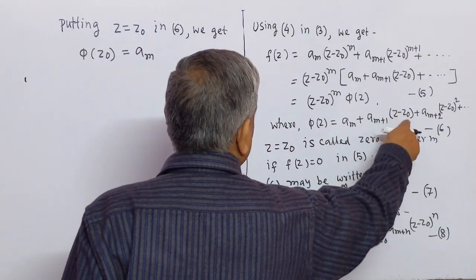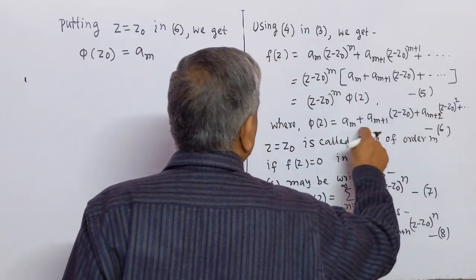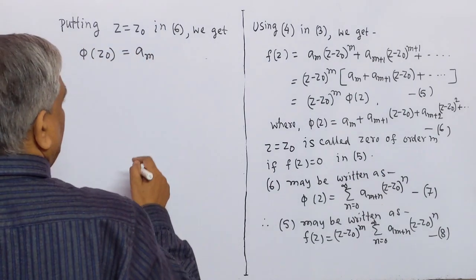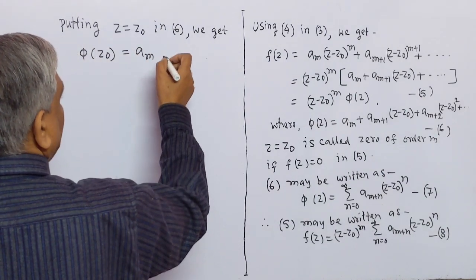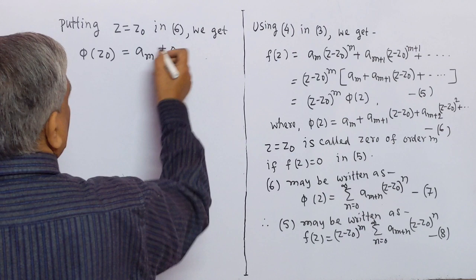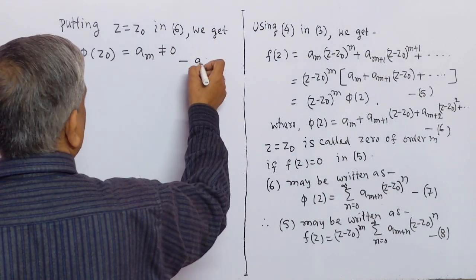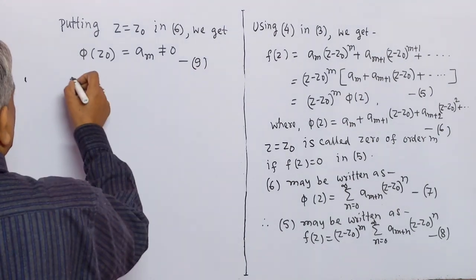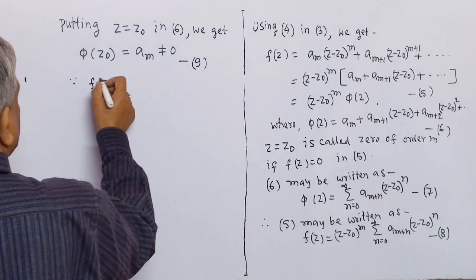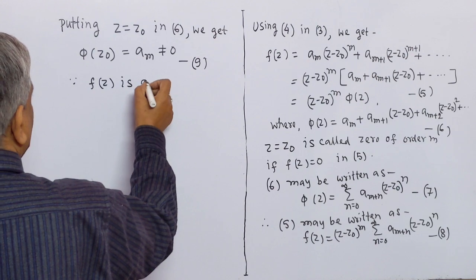Here z equal to z0, this is 0, this is 0, only a_m remains. And since a_m not equal to 0, we have already assumed it. This is number 9.